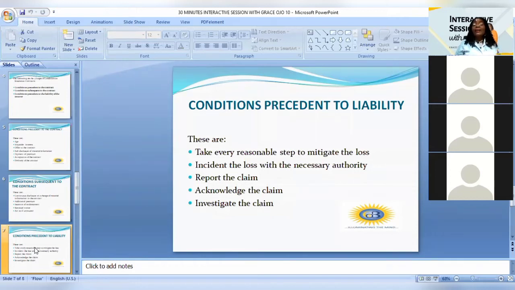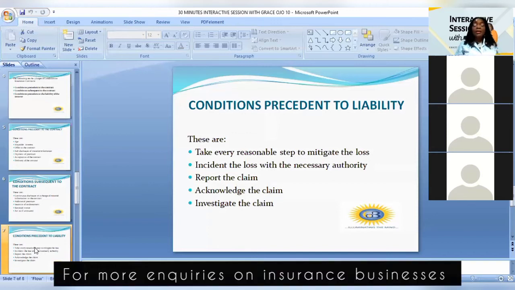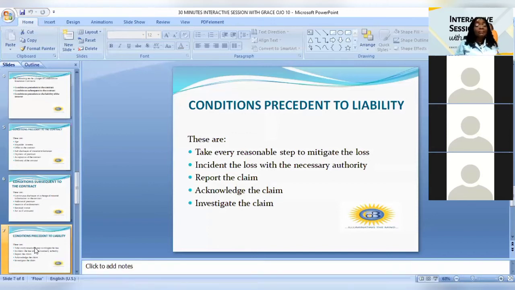If it is fire, the first thing you should think of is to call the fire brigade so that they can quickly come and rescue the situation. That's what we mean by reporting the loss to the necessary authority. Then the other one, when the loss has eventually occurred, is that you report the claim. If you do not report the claim, there is no way the insurer will know.